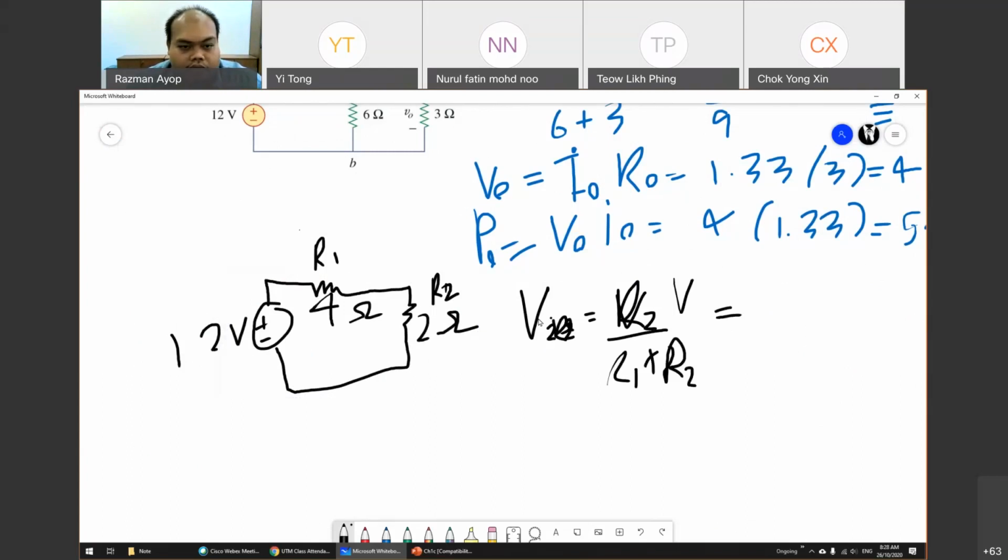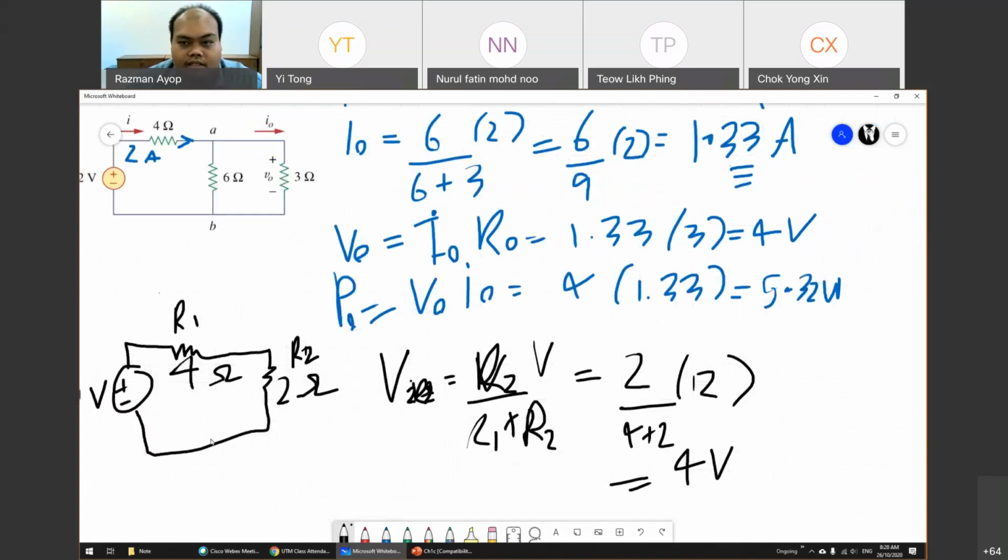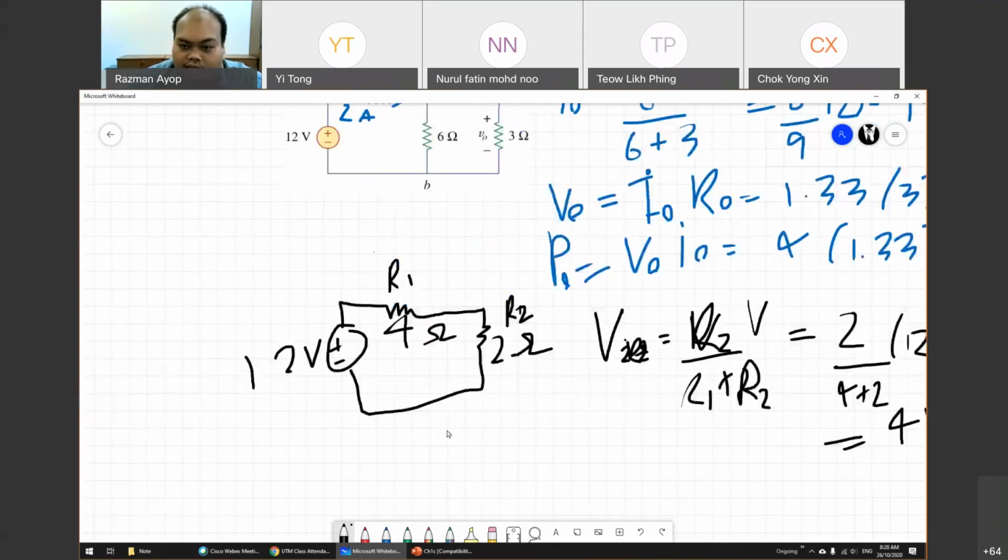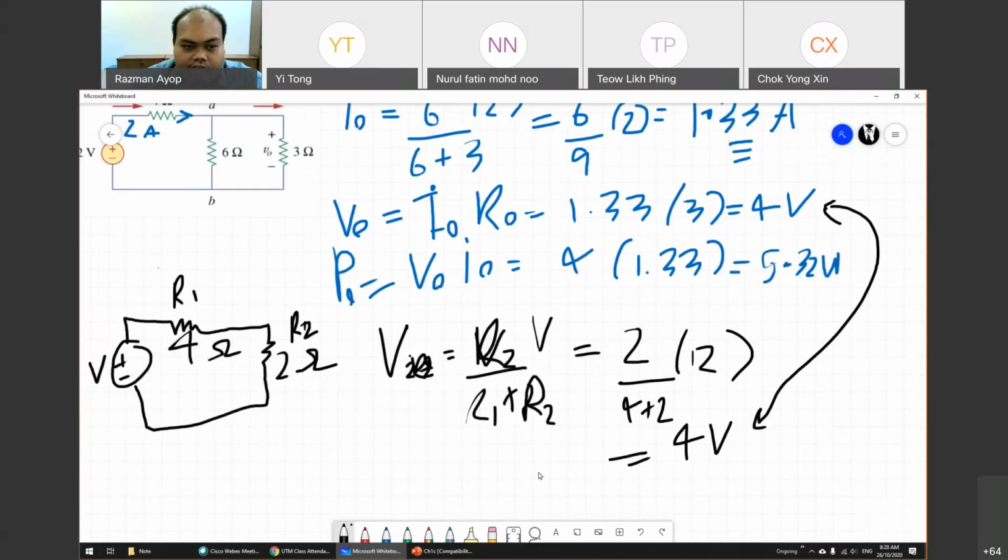You get 2 divided by 4 plus 2 multiplied by 12, which is 4 volt. So if you use voltage division, you also get the same answer. That's why with this theory you can use any way you want, but you get the same answer.